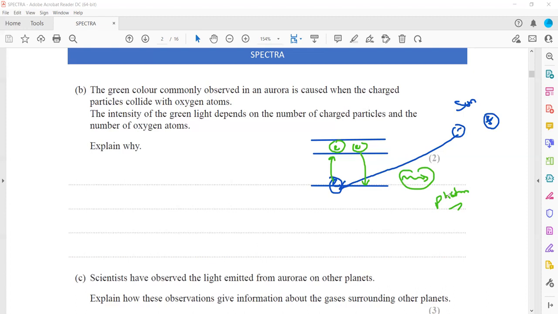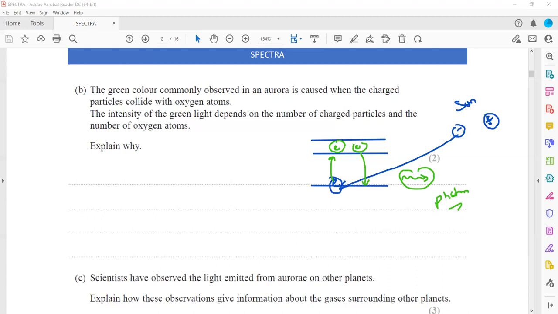So the question is why, if the number of charged particles entering the atmosphere increases, or the number of oxygen atoms increases, we'll see more green color, or the intensity of the green color will increase.